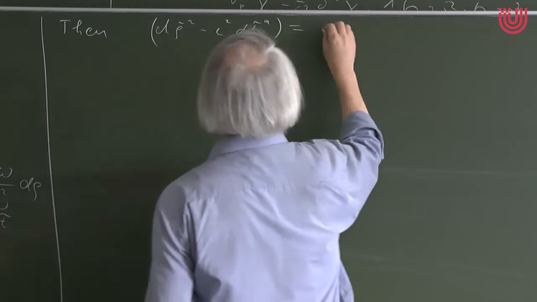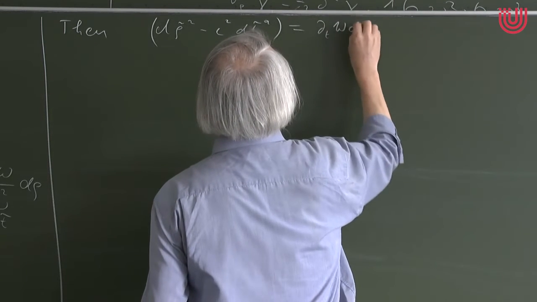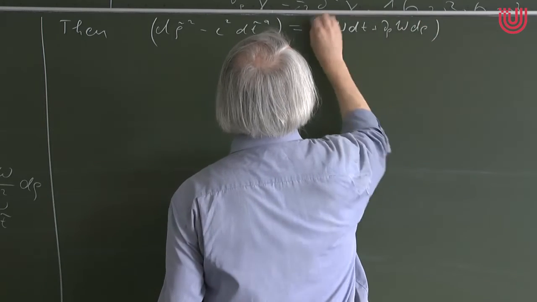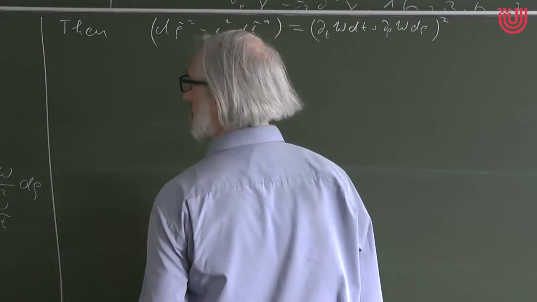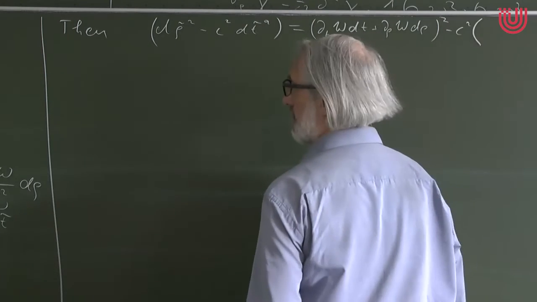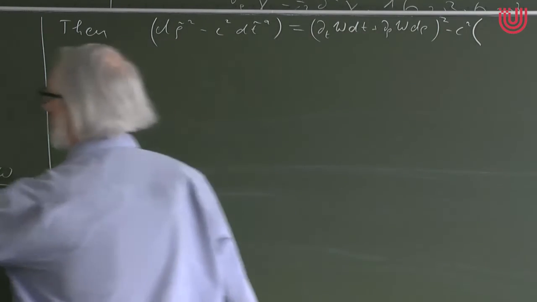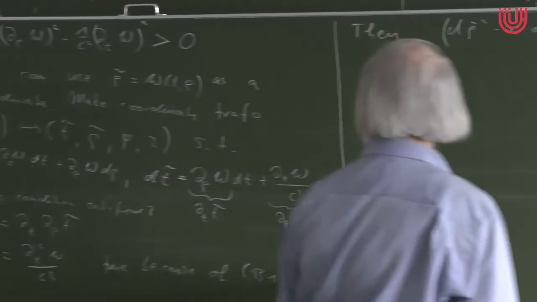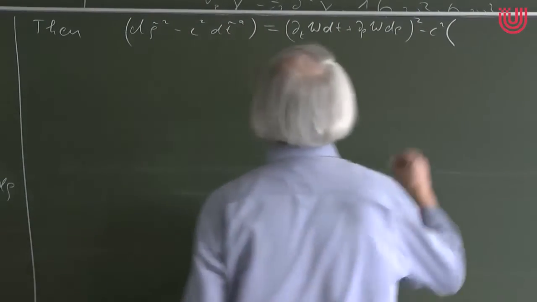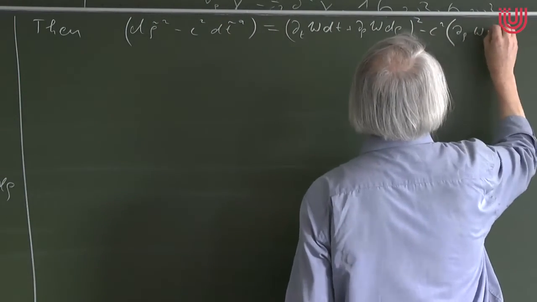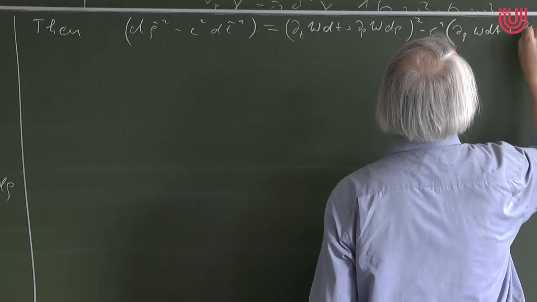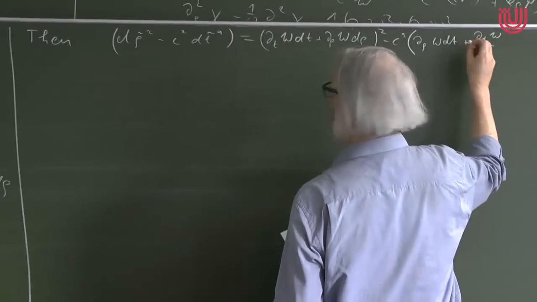It is dt tilde over dt times dt plus dt tilde over d rho times d rho, everything squared, and minus c squared, and then this thing here squared, d rho tilde over dt times dt plus dt tilde over c squared d rho.